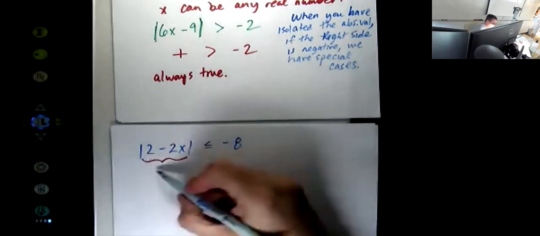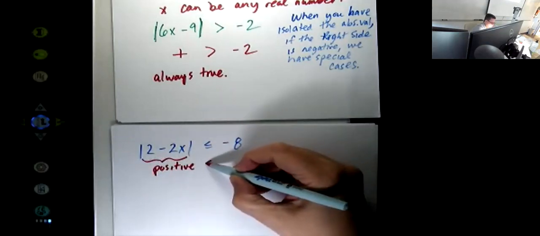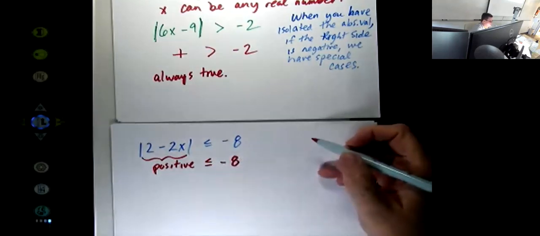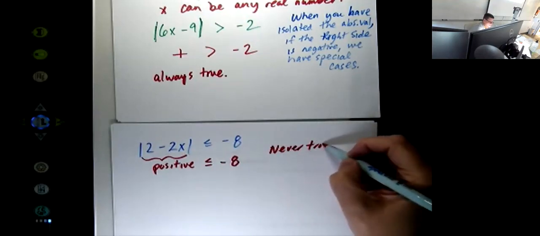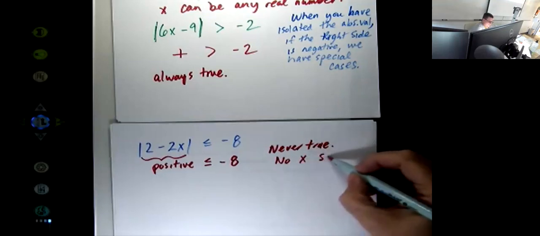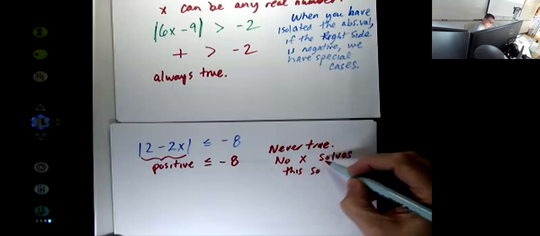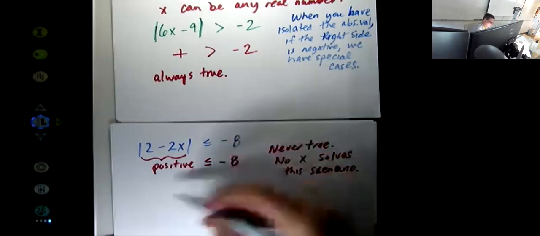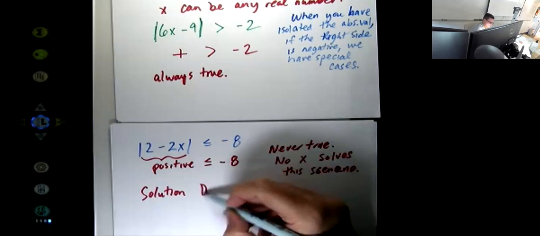This is always a positive number. And so this is saying a positive number is less than -8. That's never true, is it? So no x solves this scenario. Solution does not exist. No solution.